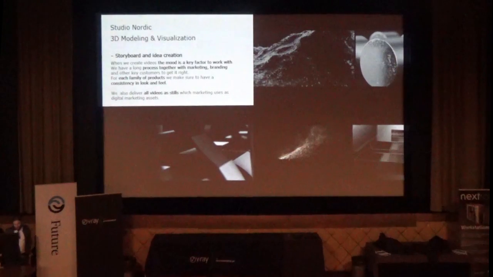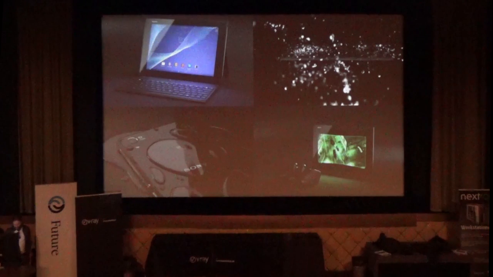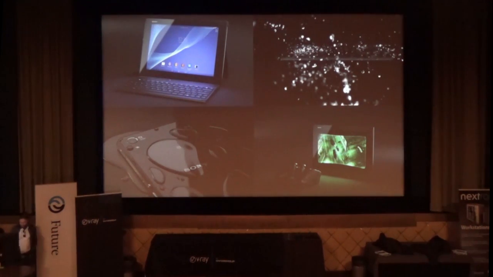When we deliver the movies, we also deliver them as stills sequences, so the marketing team have access to choose any image from the movie in good quality, not compressed. And here are some images from the movies.